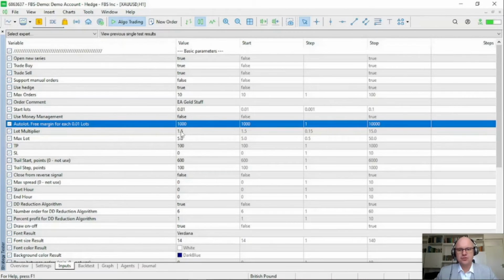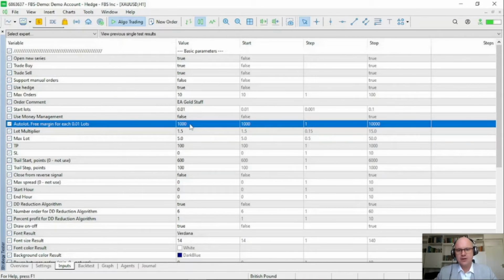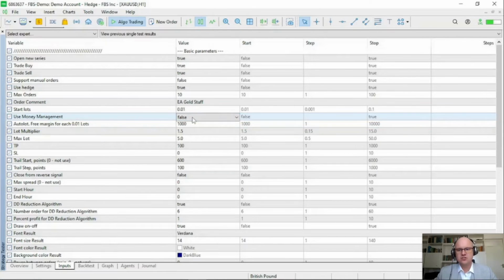So these are the first two settings that you can adjust to make the bot less aggressive by either increasing the O2 lot free margin to a higher amount and decreasing the lot multiplier. So that is where I would start if I wanted to run it on a smaller account balance.